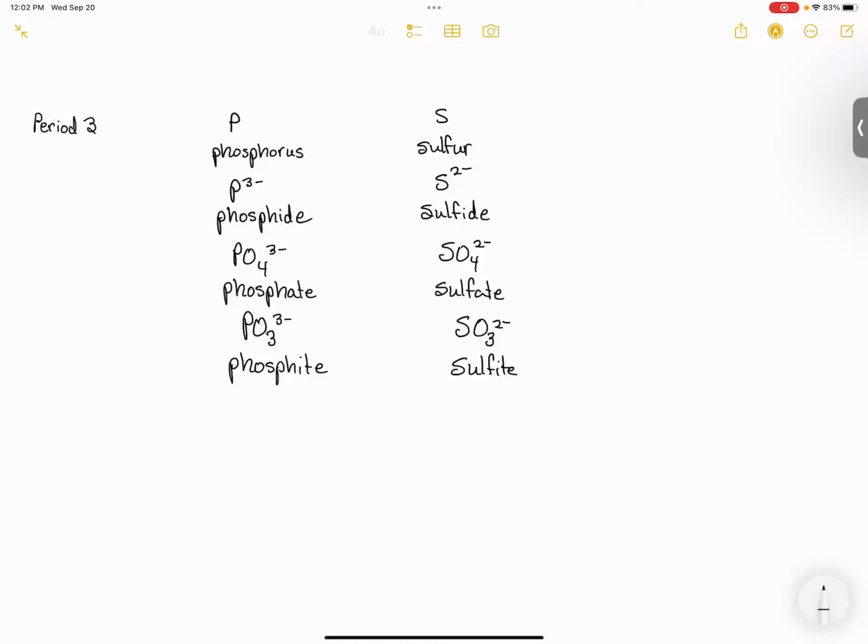What I'm doing right now is I do have group 15 in period 3 up, and I do have group 16. Again, I mentioned to you on Monday that group 15 and group 16 are families of 2.